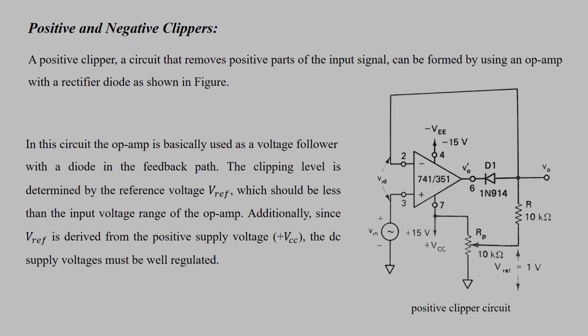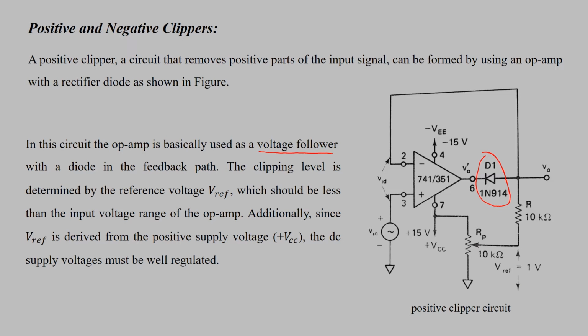So we will be talking of positive as well as negative clippers. A positive clipper is a circuit that removes positive parts of the input signal and can be formed by using an op-amp with a rectifier diode as shown in this figure. In this circuit, the op-amp is used as a voltage follower with the diode in the feedback path.